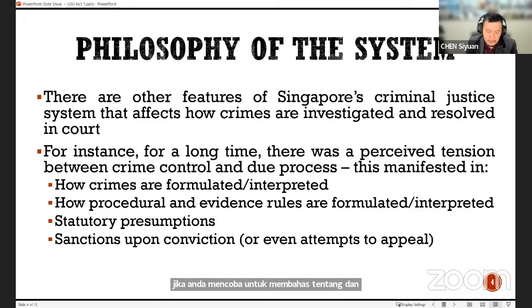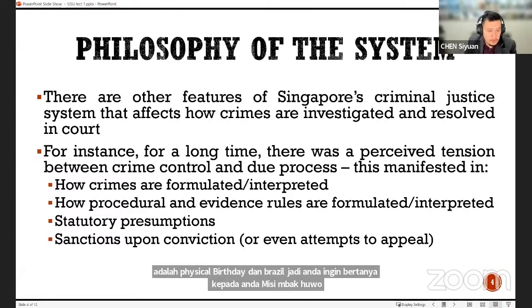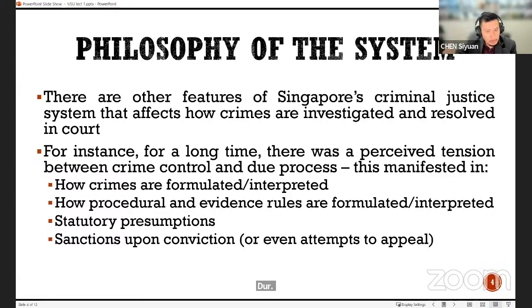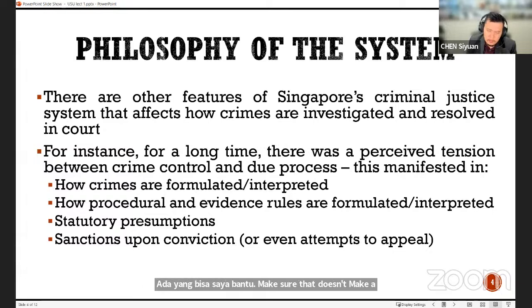And of course, I already mentioned that the death penalty is part of our suite of laws that attempt to deter people from committing crimes. But even trying to appeal, so let's say you are convicted at trial and you try to appeal to the High Court or the Court of Appeal, it isn't so much the case now, but in the past, from around the 1980s to early 2000s, the very fact that you appeal after you have been convicted, if you lose, they may increase your sentence.